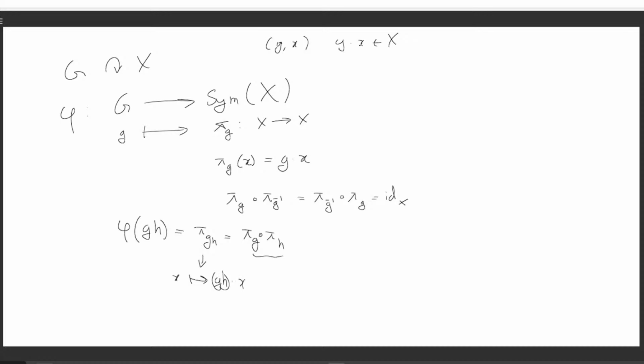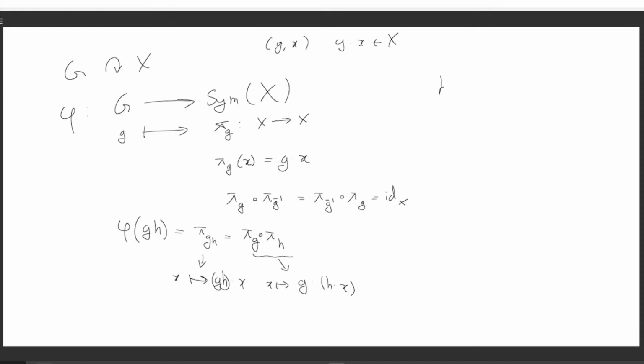And pi h maps x to h dot x, but then pi g maps that to g dot that. But by the second axiom, gh dot x is g dot h dot x. So this mapping is a group homomorphism. Therefore you get a group homomorphism from G to permutations of X whenever you have a group G acting on X.